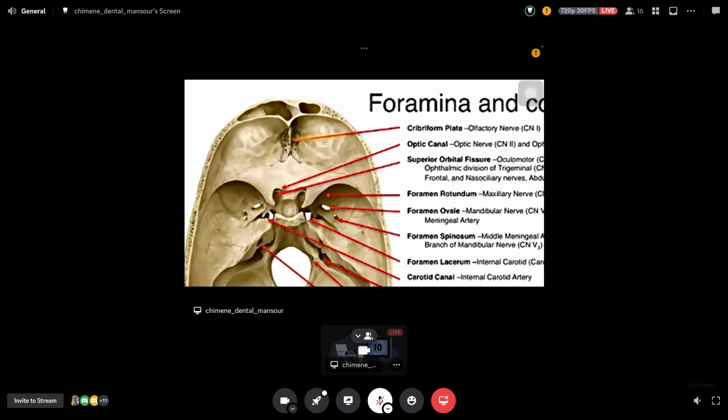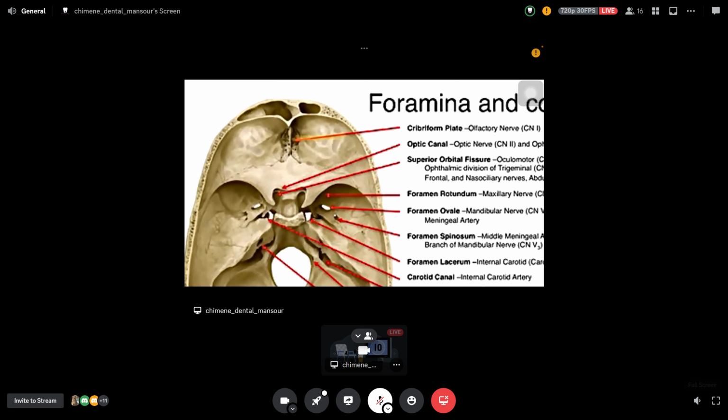So the coronal suture is the crowning suture of the head. Between the two parietal bones, you have the sagittal suture. And between the two parietal bones and the occipital, you have the lambdoid suture.